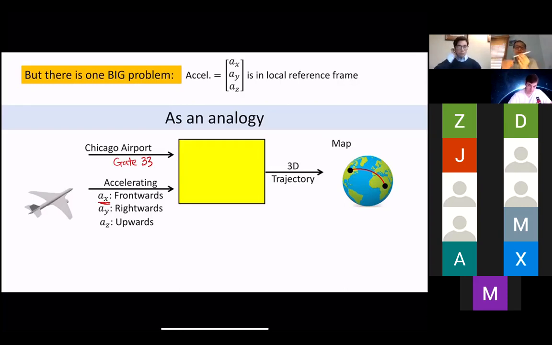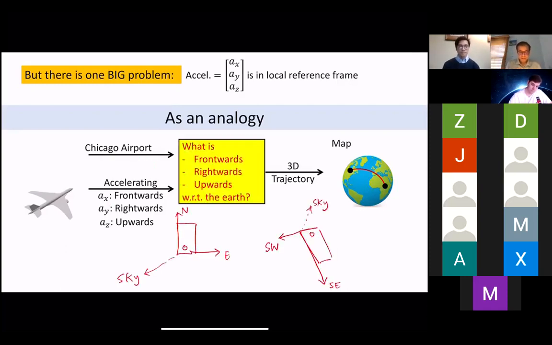Otherwise, you do not know. If the plane is in some weird orientation that you do not know, then knowing x, y, and z's acceleration doesn't make any sense, because you do not know how it aligns with the Chicago map or with the Earth's coordinate frame. That's the problem.